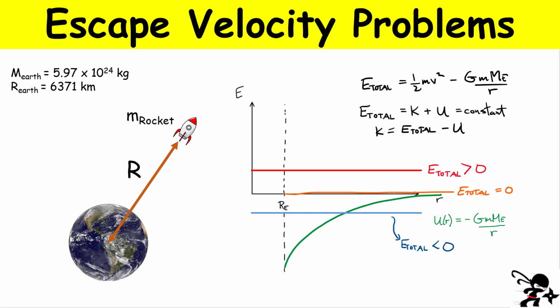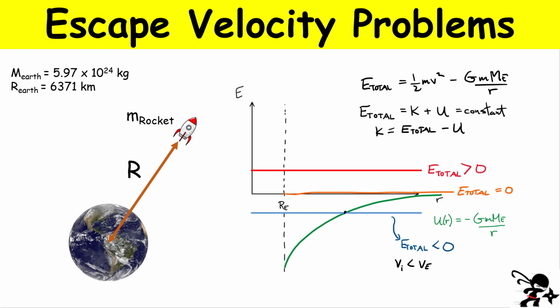Now, if you remember problem 2, I launched something with an initial velocity of 8 kilometers per second, right? The initial velocity was less than my escape velocity. What that means is, if I have kinetic energy that is too small initially, my total energy is going to be a negative value. The way you represent this on the diagram is by the blue curve. Now you can see there is a point where this blue curve intersects the green one.